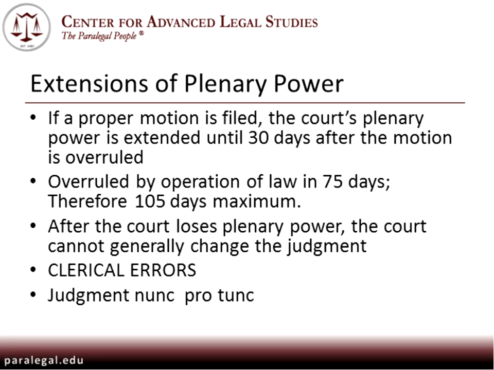There are certain ways in which to change the judgment even after that 105 days. Essentially, the only one that matters is a clerical error. You can ask for a judgment nunc pro tunc. The clerical error must be identifiable on the face of the judgment.